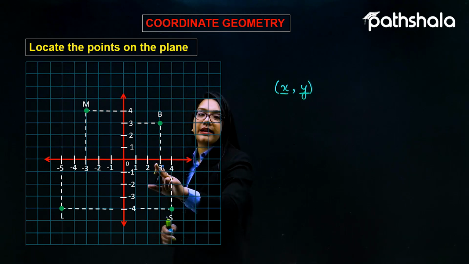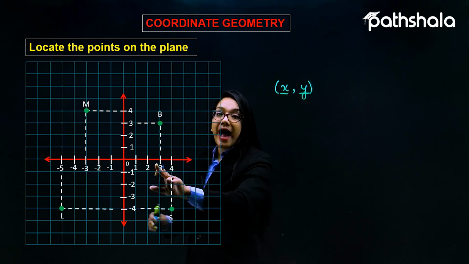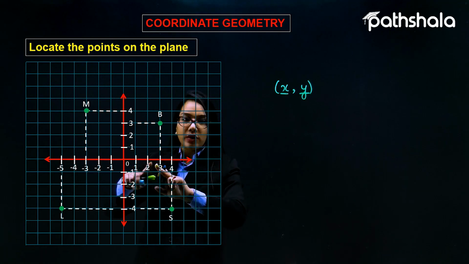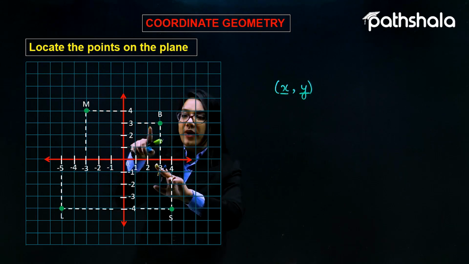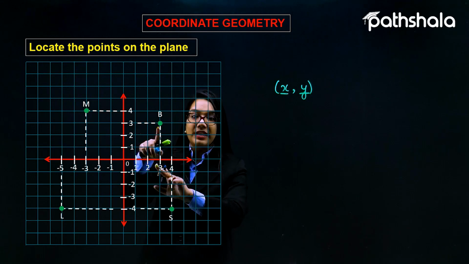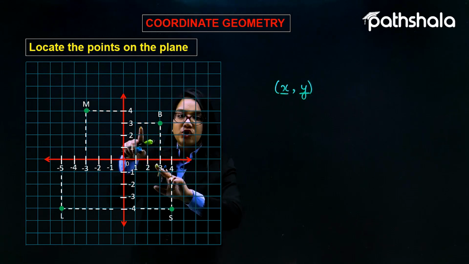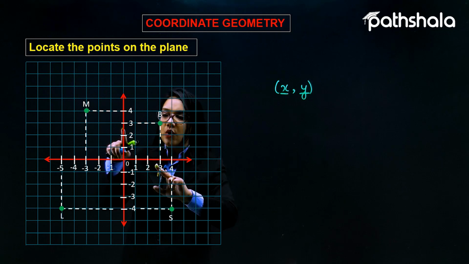So it means that its abscissa is 3. And its ordinate? Let's see its ordinate. At the point 3 on the y-axis, it is joining with the point B. So as we can see, the point B is joining with the point 3 on the y-axis.